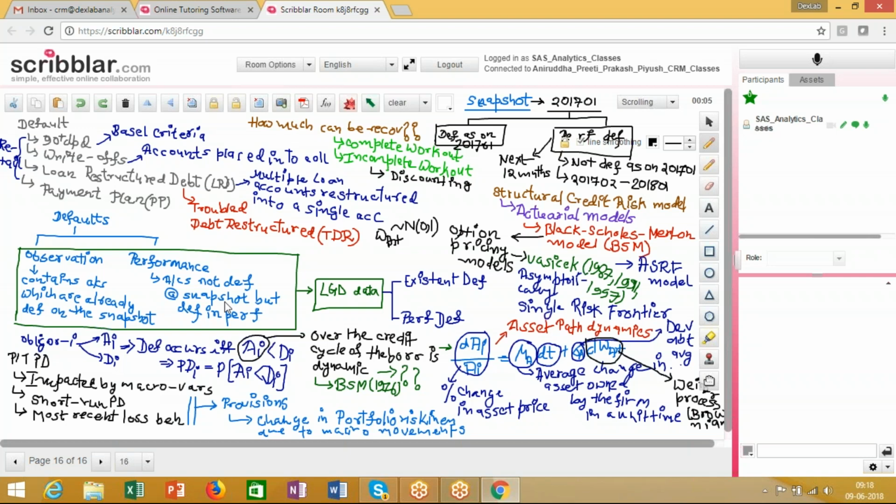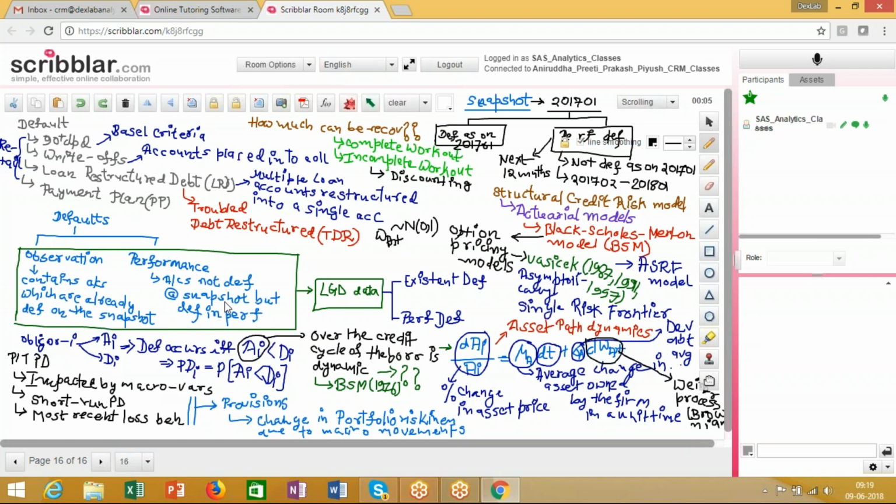The set of observations are the set of active accounts, accounts which have still not defaulted, accounts which may go into default in the next 12 months, right? So this is what the observation is. Also, this is what the base should look like.